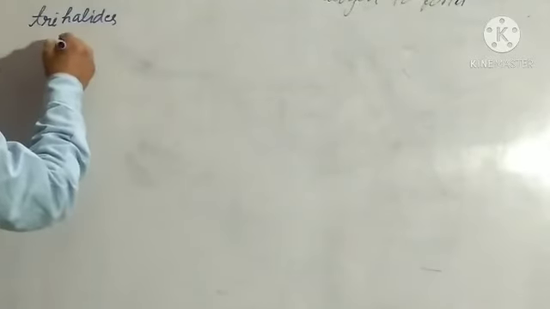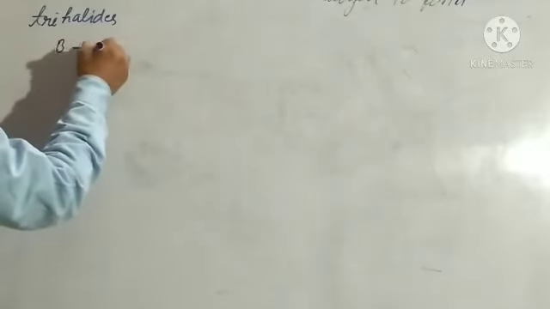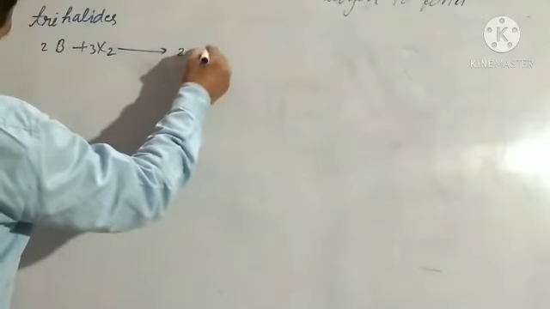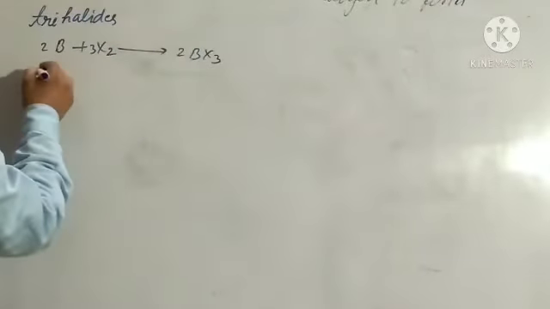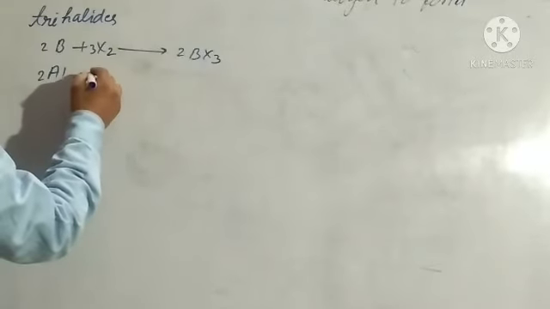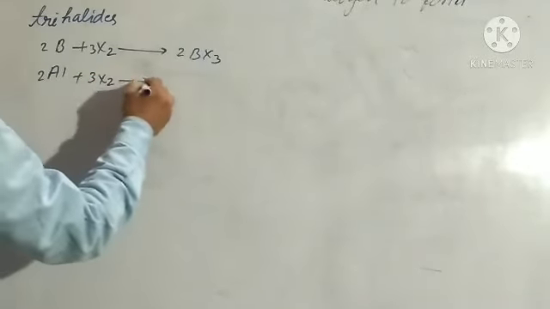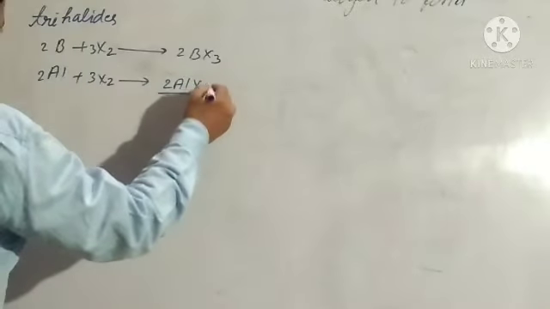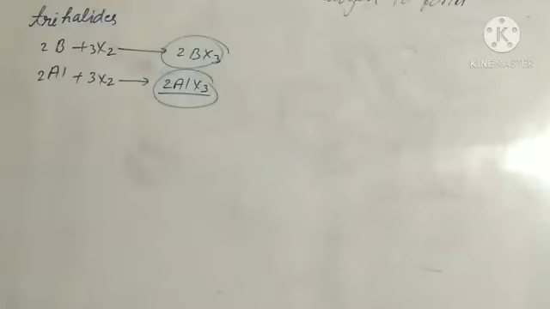Like this, 2B plus 3X2 forms 2BX3, and 2Al plus 3X2 forms 2AlX3. That is the compound they form.